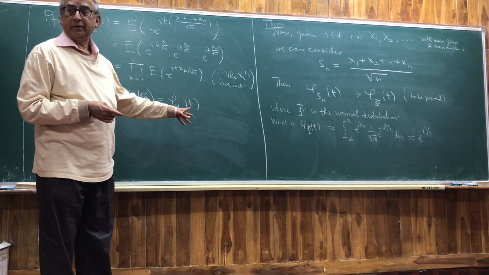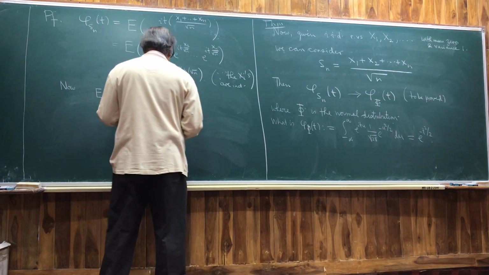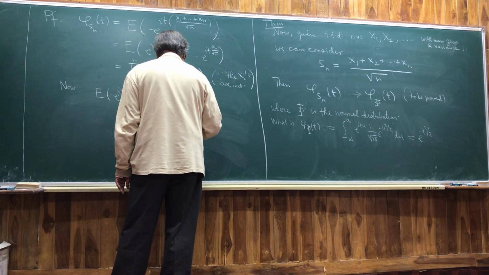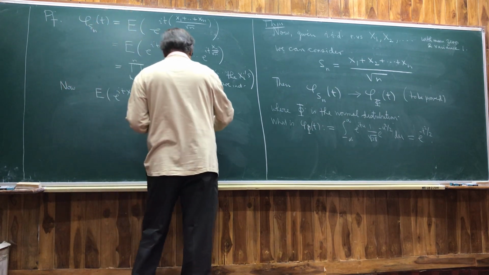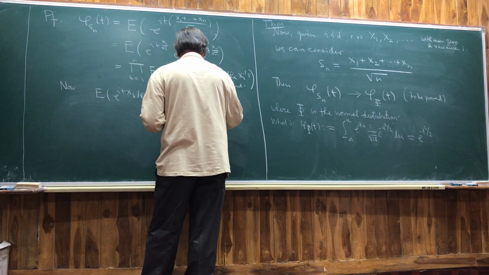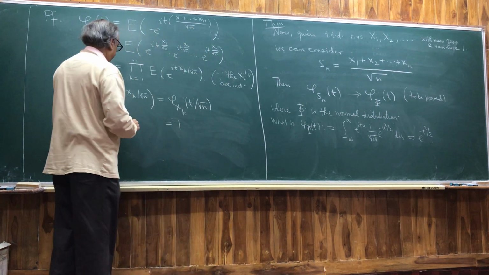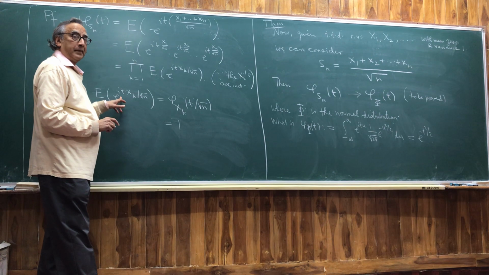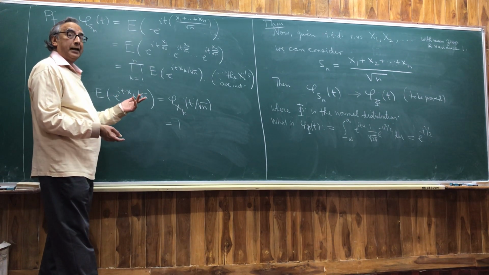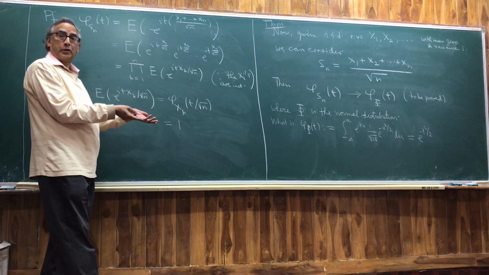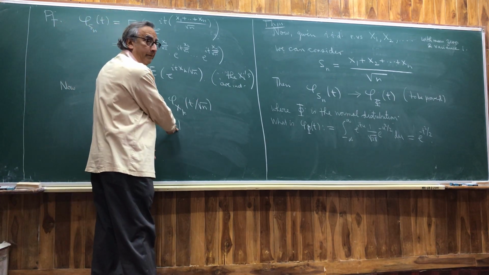Let's look at the Taylor series of this. Well, the first term is going to be 1, because at 0, the expectation of 1, the density is 1. That's just the integration over the whole space, and that probability measure is 1. The first term is 1.